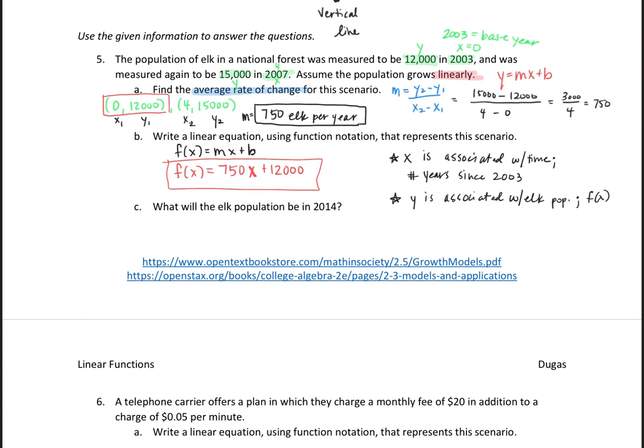So you want to be able to plug in a number for X. Don't make the mistake of plugging in 2014. Remember that X is the number of years since 2003. So you're going to do 2014 minus 2003, and you see that you get 11. So 11 is what you're going to plug in for X.